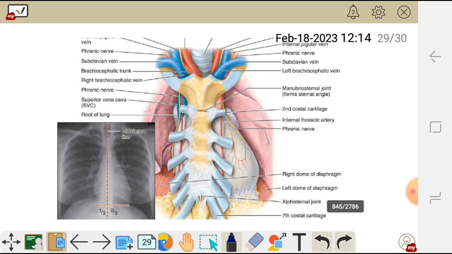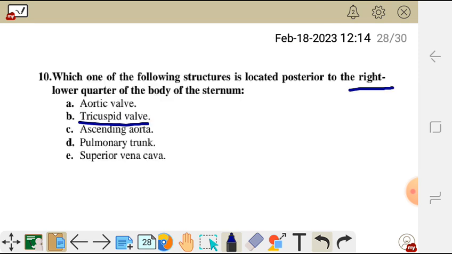That is to the right of the body of the sternum. This side, there is what we call a tricuspid valve, which is a valve which separates the right atrium from the right ventricle. So it is at the right lower quarter of the body of the sternum. So the correct answer is B for question 10.